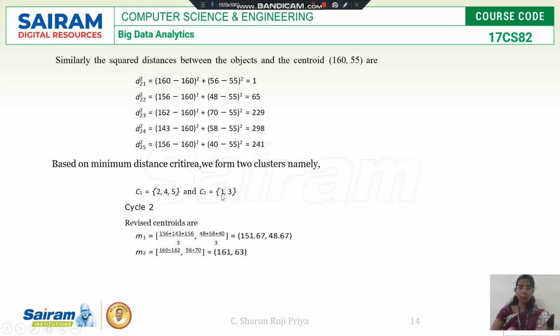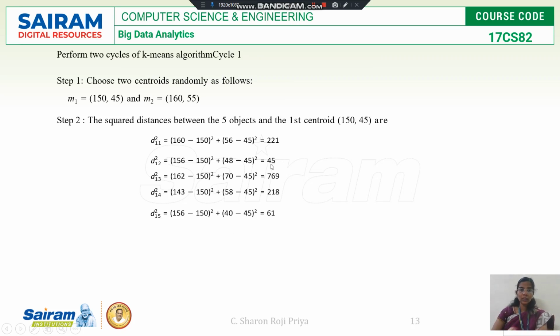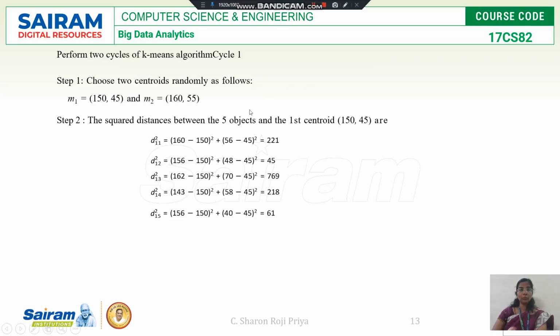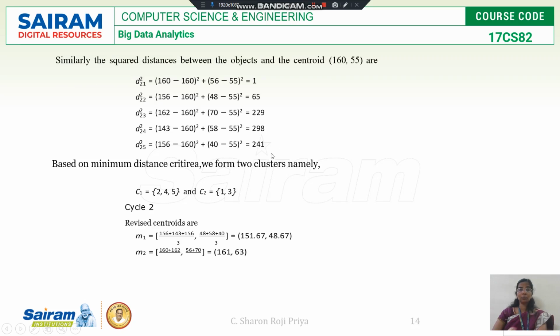Similarly, you have to compare the distance of the second data point and the first centroid, that is 45, and the second data point and the second centroid, that is 65. So which one is minimum? 45 is minimum. So you have to keep the second data point in the first cluster.